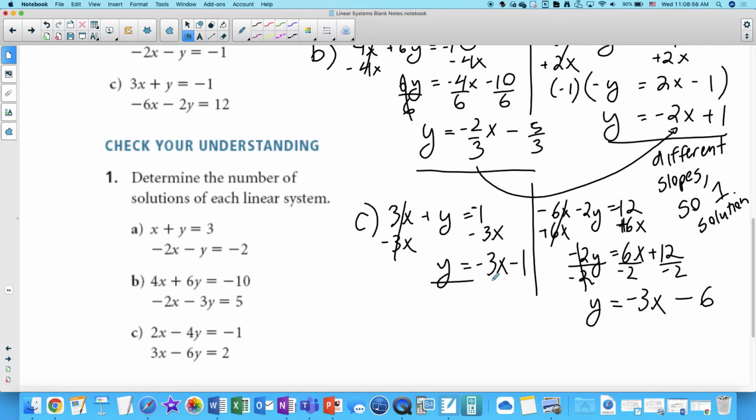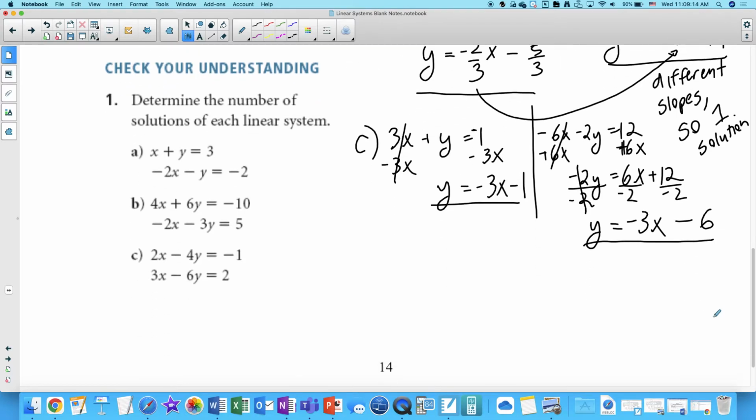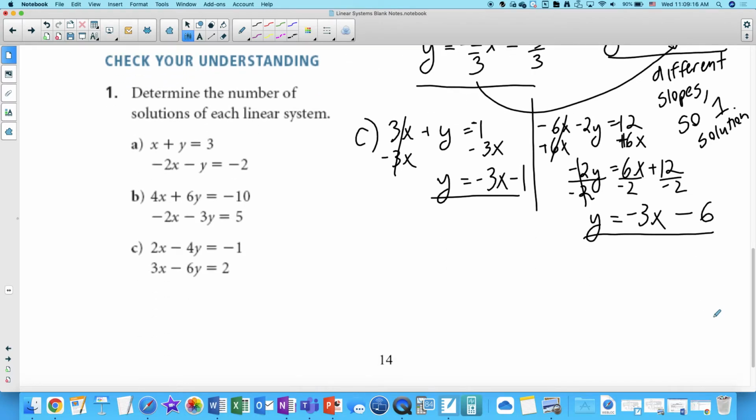So here's one equation, and here's the other equation. Okay, so what scenario are we in here? Yeah, no solution. And how can you tell? The slopes are the same, and what else?